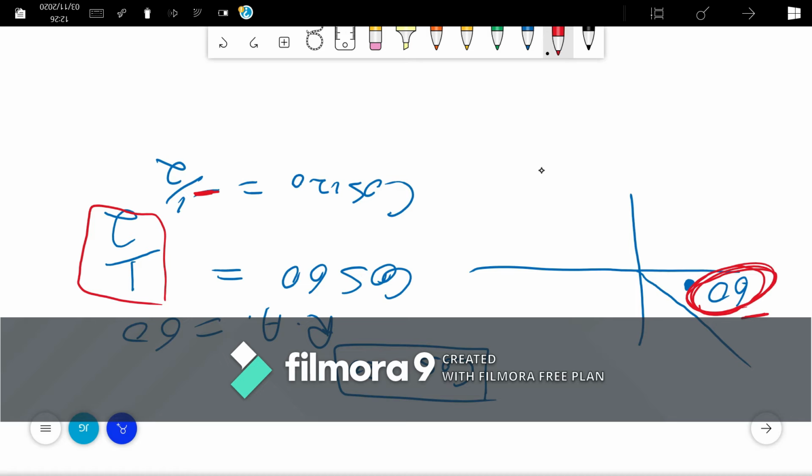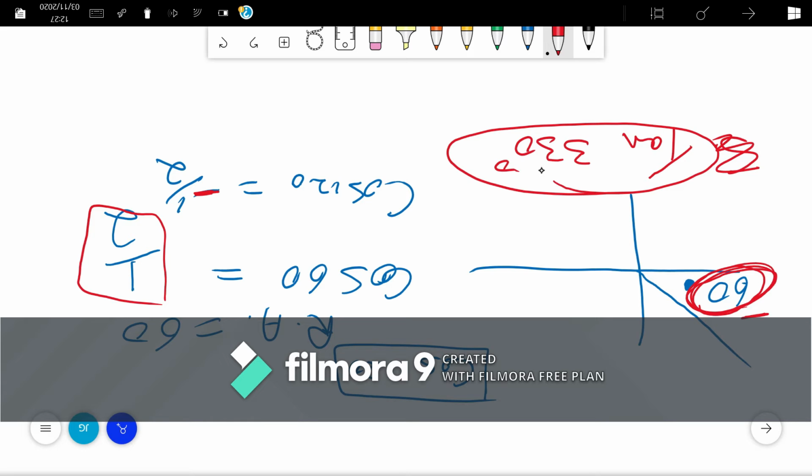Are you sure? Do I need to do another one? Yes or no? I'll give you another one to do. Do the tan of 330. The tan of 330. Now you might need your log tables to work out the reference angle, or you can use your calculator to look up the reference angle if you want.